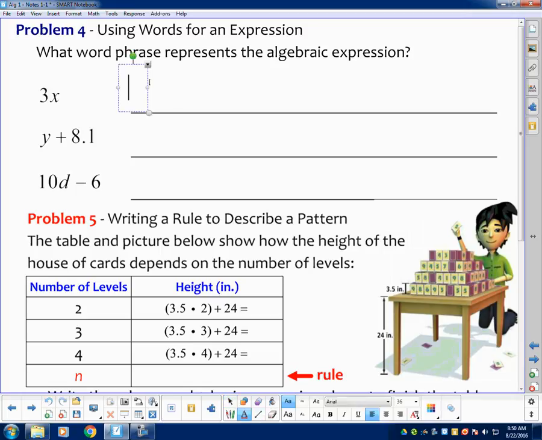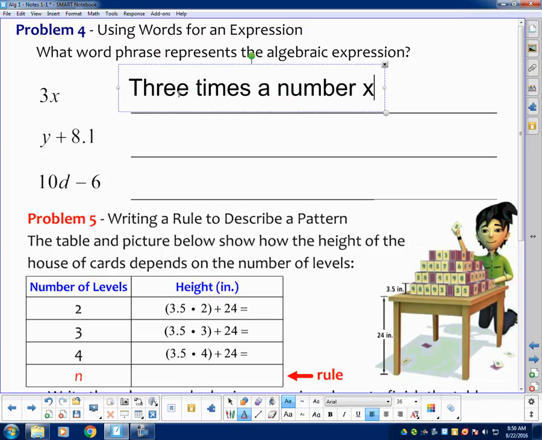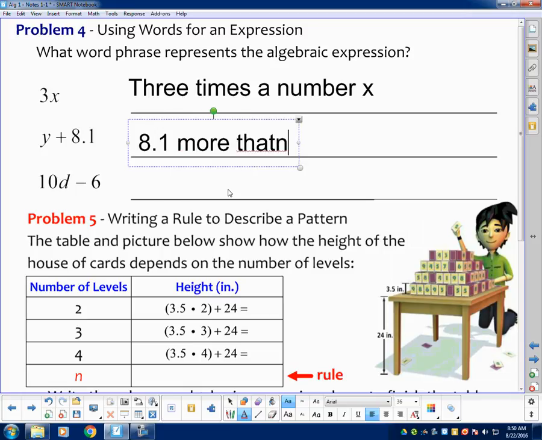3 times a number x. Y plus 8.1 might be 8.1 more than a number y. And then the last one on there is a combination.